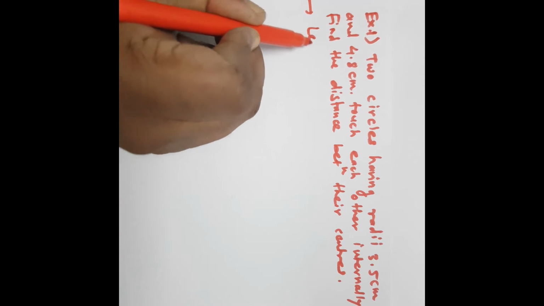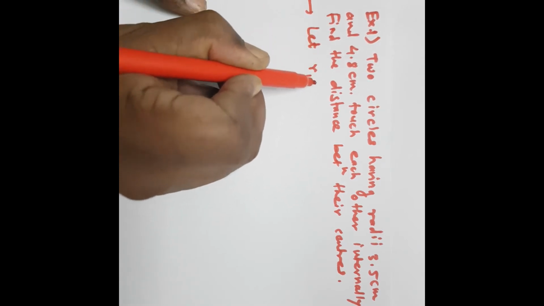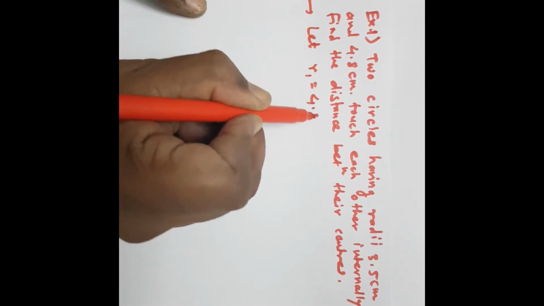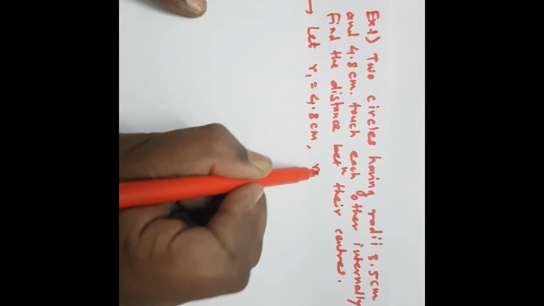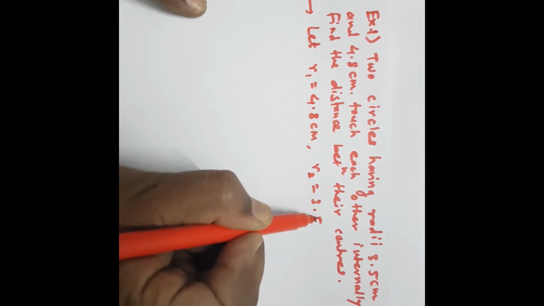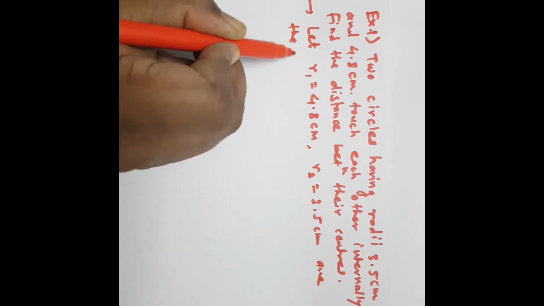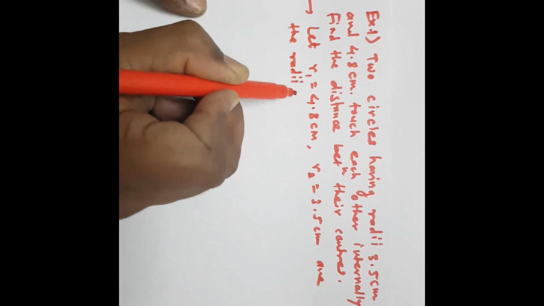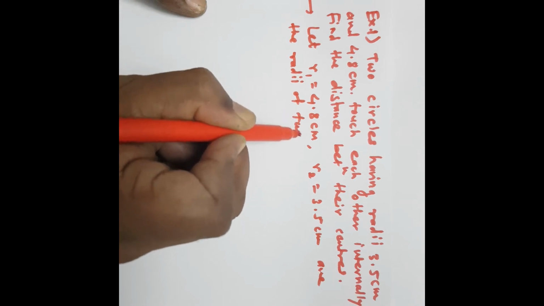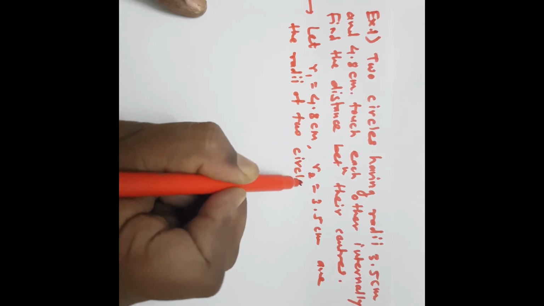Here let R1 equal 4.8 cm and R2 equal 3.5 cm be the radii of the two circles.